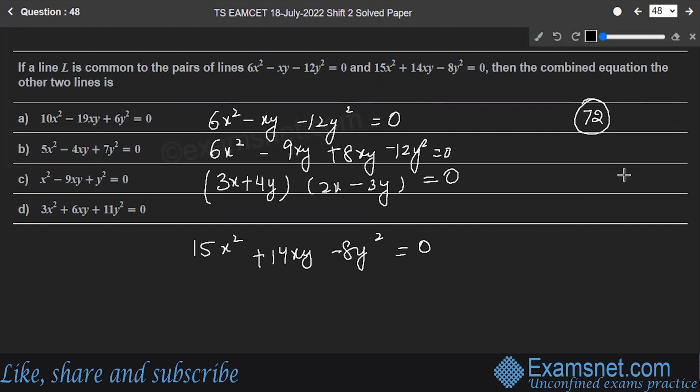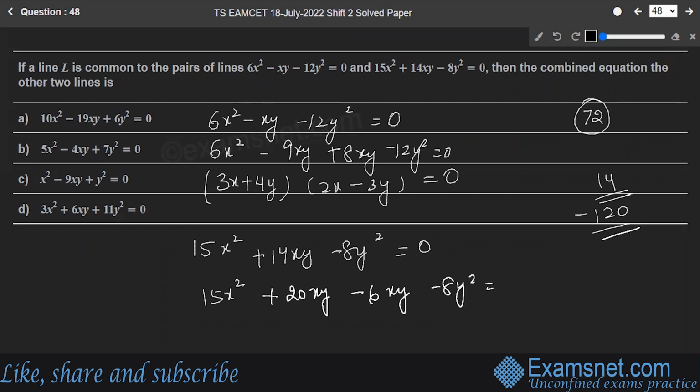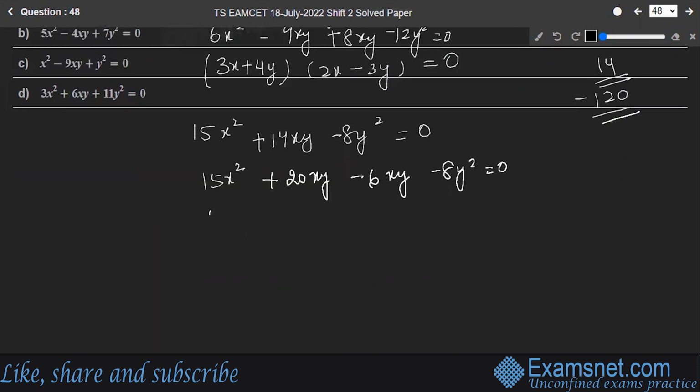So now I need two numbers whose product is minus 120 and the sum is 14. Splitting the middle term, it's plus 20xy minus 6xy minus 8y squared is equal to 0. So the two factors will come out to be 3x plus 4y and 5x minus 2y is equal to 0.